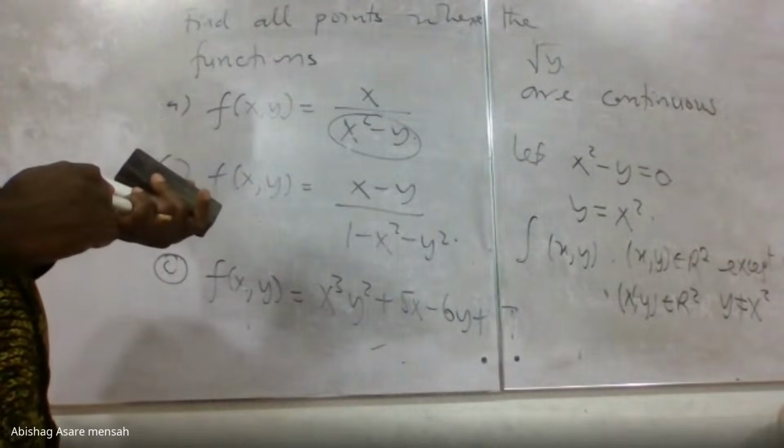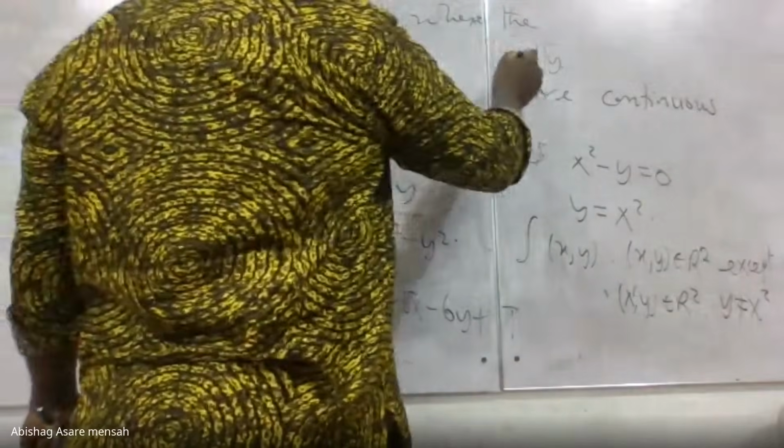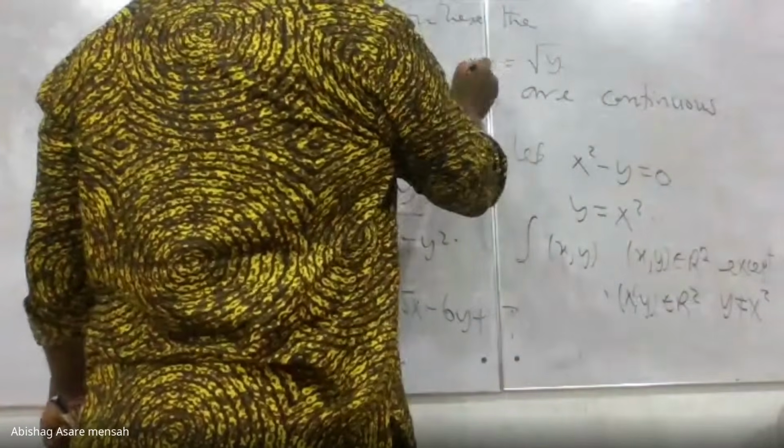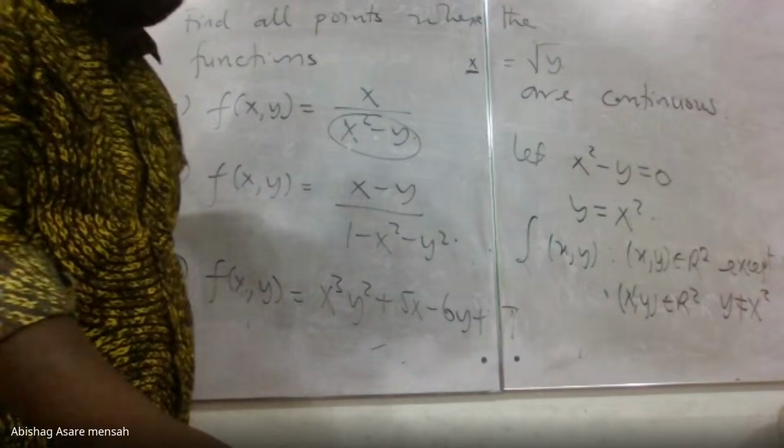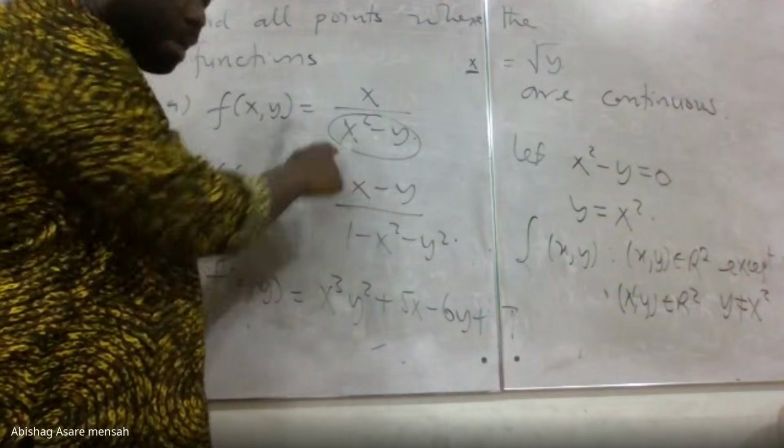So that means that if s is equal to the square root of y, then this s can never be negative. But s can be a negative or positive number because of the square here. Okay. Thank you very much, sir. You're welcome.